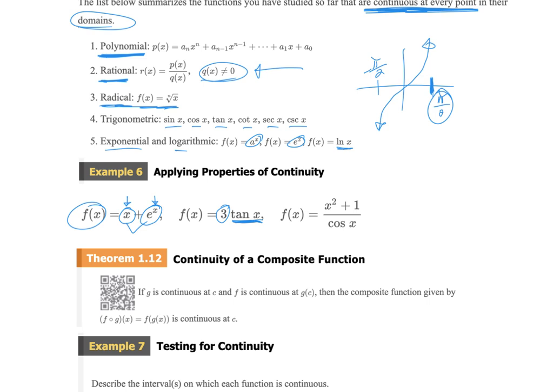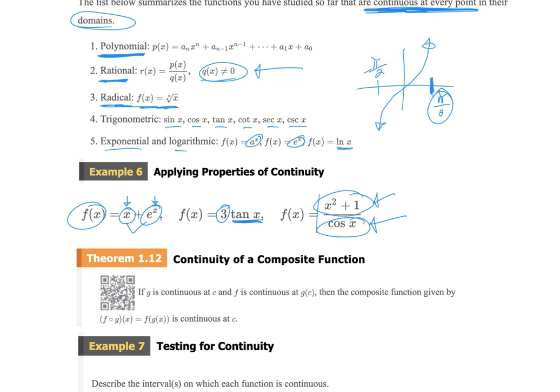Now, x squared plus 1 over cosine of x. We have two distinct functions that are being divided. So this is continuous on its domain. Cosine of x is continuous on its domain. When we combine these, we have cosine of x in the denominator. This will sometimes equal 0.